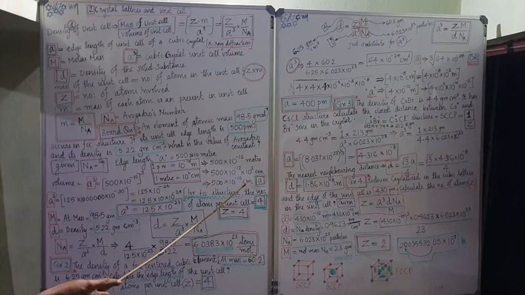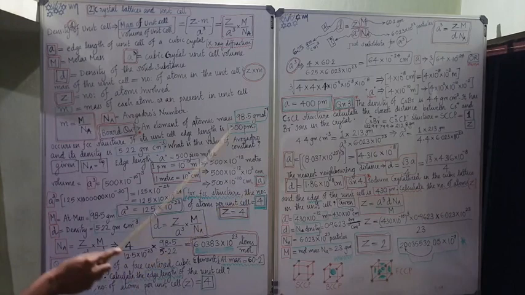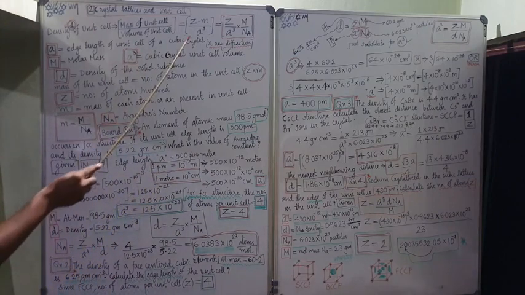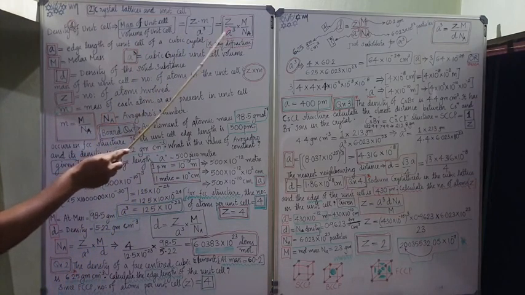So 500 into 10 raised to minus 10 centimeter is the edge length of this crystal cell. This is found out.